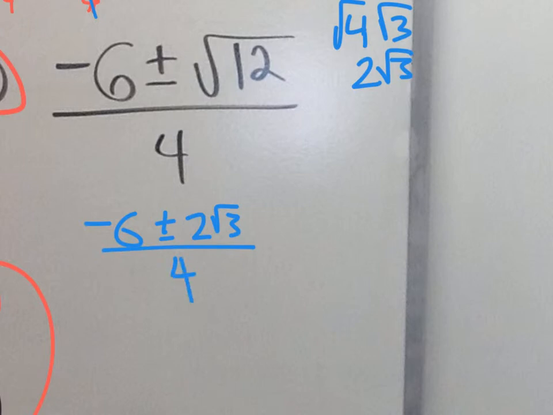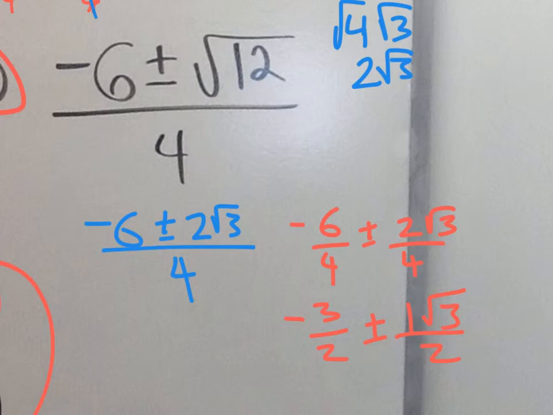And yeah, you could reduce everything by 2, or you could split the denominator to each one and get negative 6 over 4 plus minus 2 over 4, but the top part does have a square root of 3 on it. So your final answer will be negative 3 halves plus or minus 1 square root of 3 over 2.